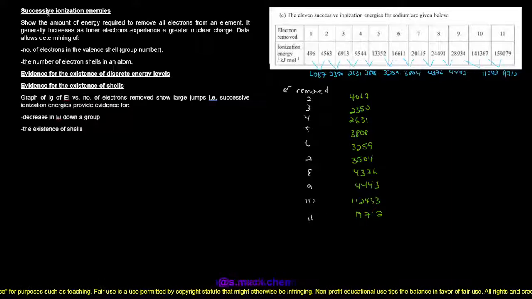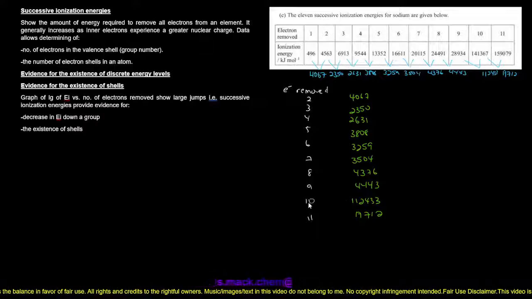These have very large jumps, but we would understand that the closer the electron is to the nucleus, the greater the amount of energy required to remove that electron. I want to analyze our data just looking at up to, let's say, this 9th electron being removed, because I want to examine similar values to look for the largest jump.